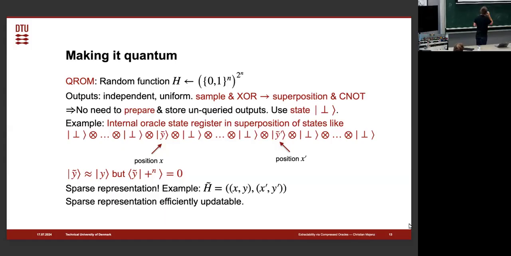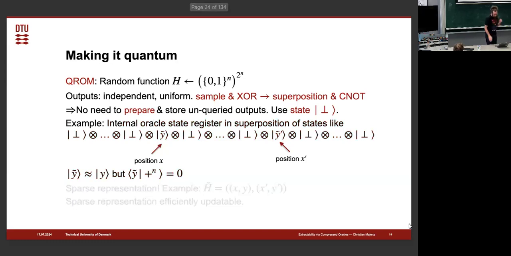So now it looks very similar to the classical setting, except that it's quantum. For this talk, let's not talk about the sparse representation. Now we have some quantum analog of this unsampled, or partial function, view of lazy sampling.